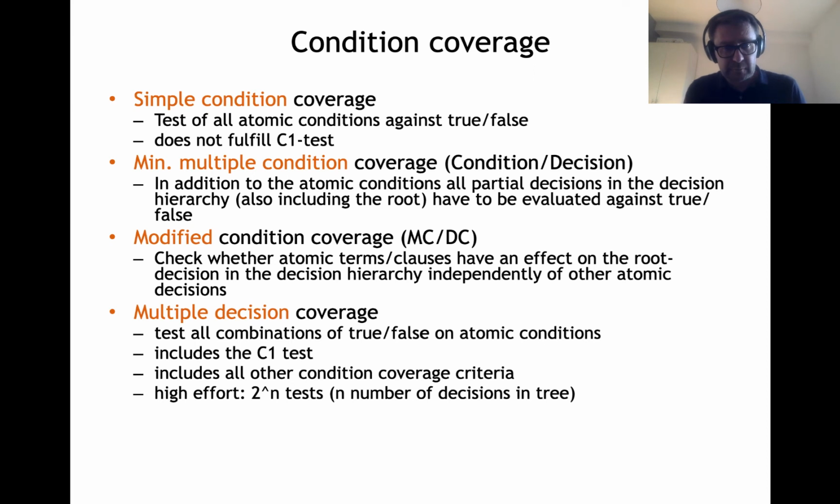So there are different forms. Simple condition coverage: then we only focus on the atoms, right? In the previous case we had 3 atomic conditions, and we ensure that we have test cases so that each of these atoms has been true and false, right? This is still not complete, of course, but we can go further.